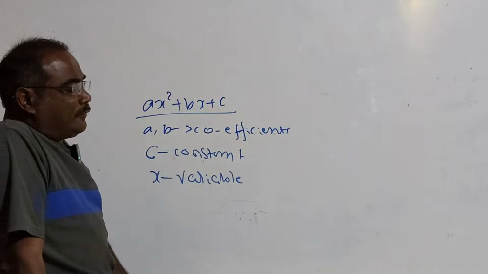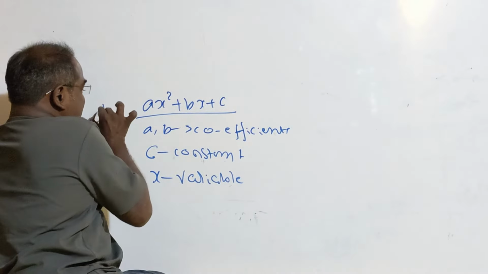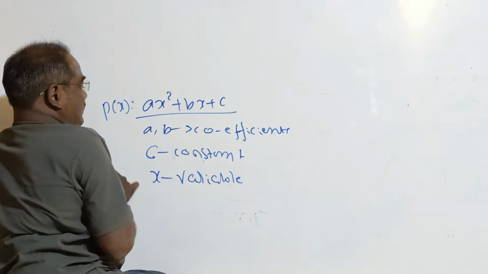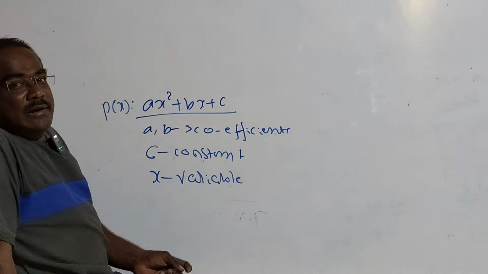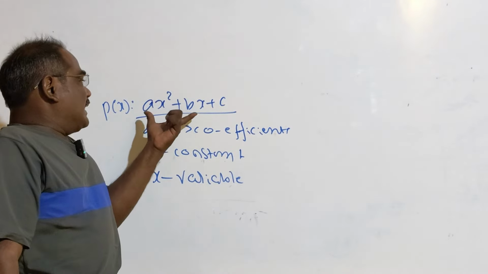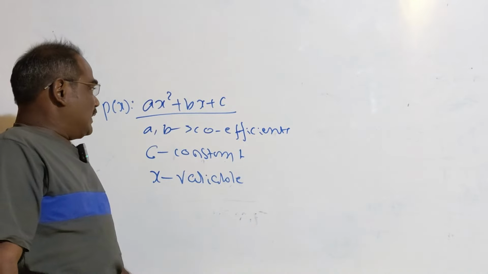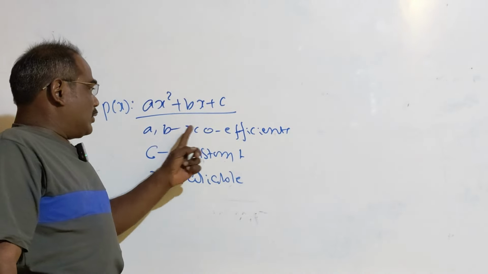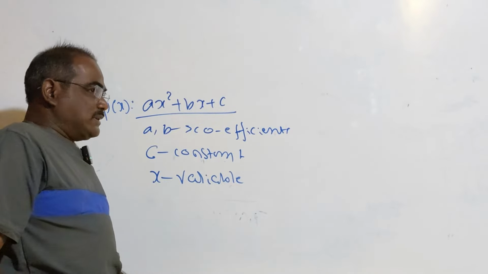This is one example of a polynomial. Usually, a polynomial is represented by p of x, where p is a function of the variable x.